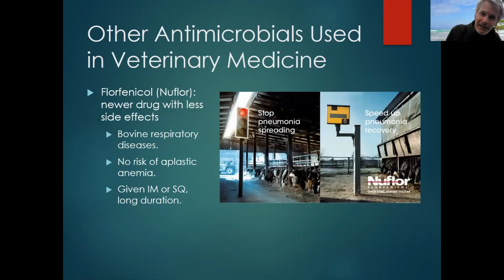The one that is still used, and the gentleman was calling it Nuflo. Maybe that was just his way of saying Nuflor. But this one is still around. We use this in cattle. As you're seeing, most of these cattle ones are to treat respiratory diseases. Cattle are really prone to respiratory disease. Horses are really prone to colic and laminitis, but cows are really prone to pneumonias.